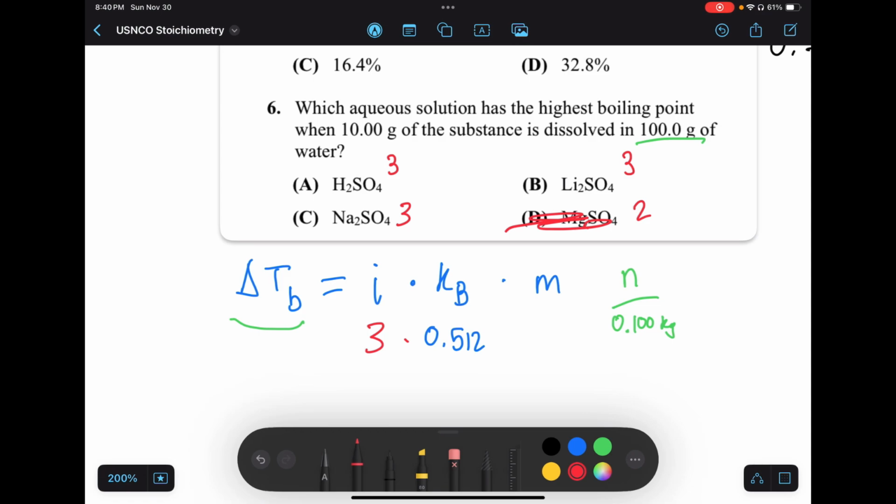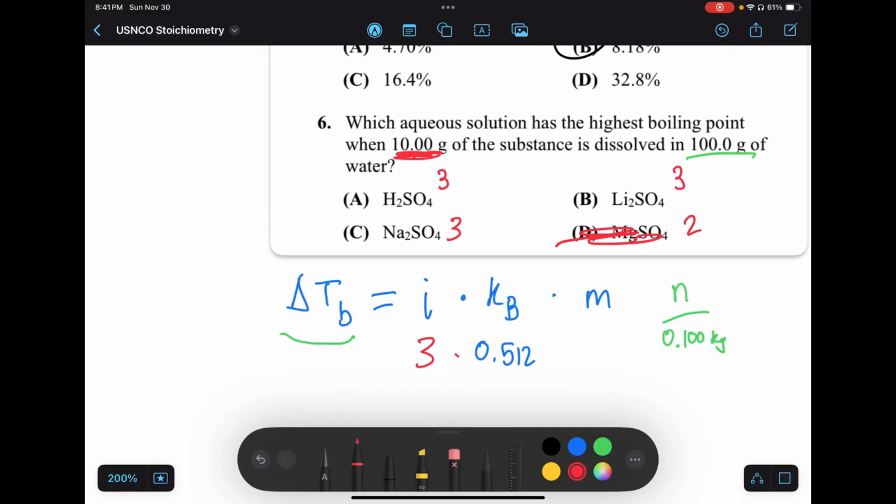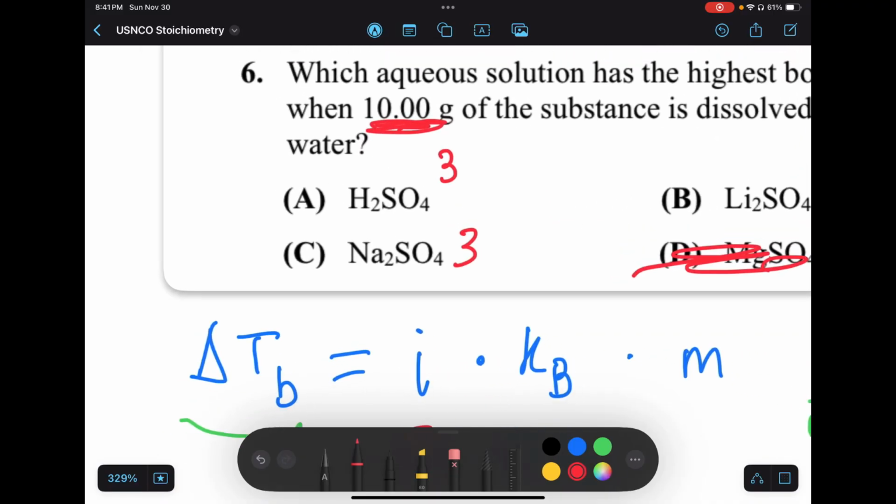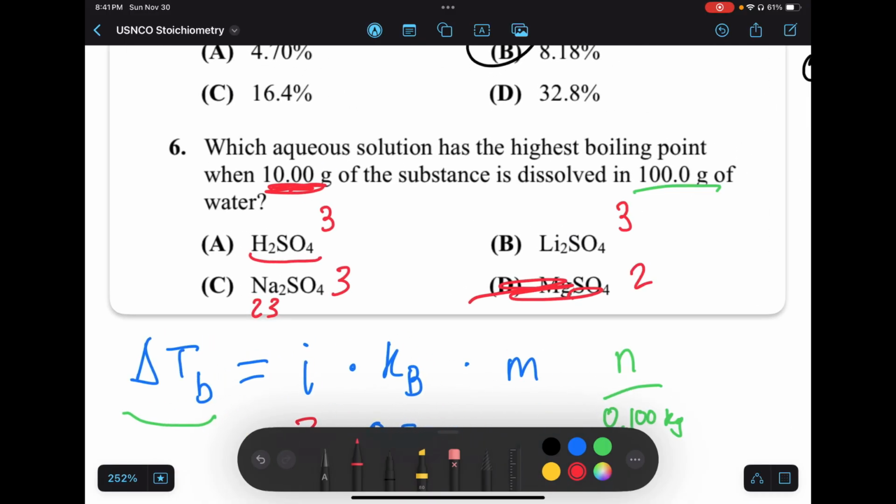We just have to find which of these will give the biggest molality. That's going to be the one with the smallest molar mass, so that 10 grams are going to be a lot of moles. So it's going to be hydrogen here, because sodium is like 23, this is 1.008, lithium like 6.74, and sulfate is going to be the same throughout, right? So A is going to be your right answer.